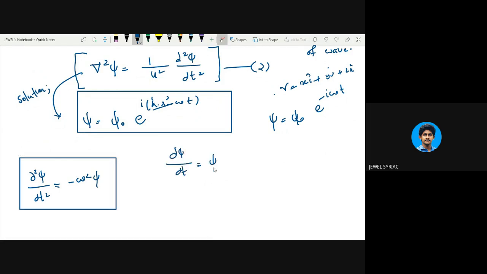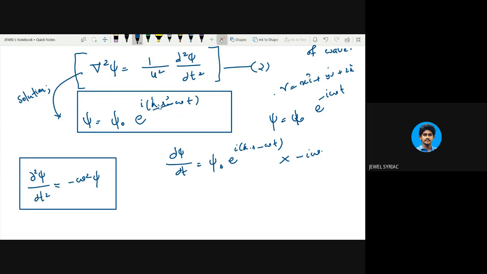We will get ψ₀ e^(i(k·r − ωt)) into, then differentiate inside this exponential function, that means −iω. You know how to differentiate: this is an exponential function, so ψ₀ e^(i(k·r − ωt)), then differentiate inside the exponential function.